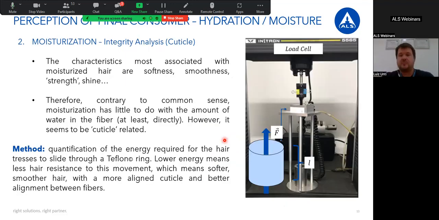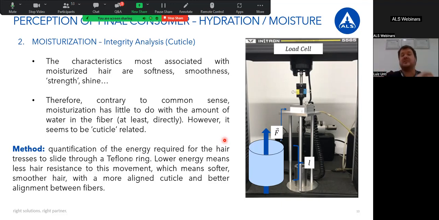And the second part of this hydration slash moisture analysis is that moisturization normally is associated with softness, smoothness, strength, not the tensile strength, but breaking less the hair fibers, with a higher shine. So if we analyze this part, softness, smoothness, less breakage, a higher shine are all talking about the alignment of the cuticle.